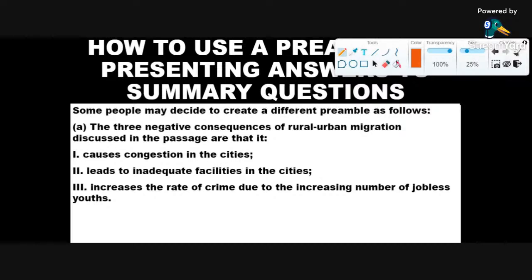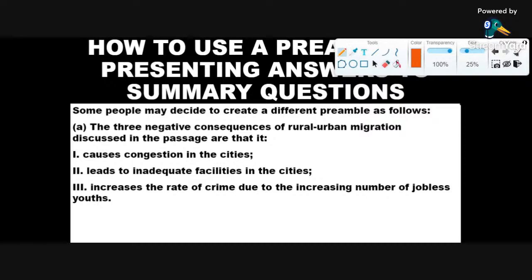So when you create a preamble, and the type of preamble you create presents your answers in phrases, as we are going to see here, then there are some requirements that this type of preamble must meet to be in tandem with the grammatical principles that WAEC is examining, because it's an examination body, and this is English, and it's a test of your proficiency in the use of English, whether in speaking or in writing.